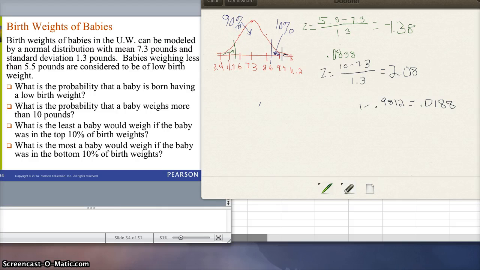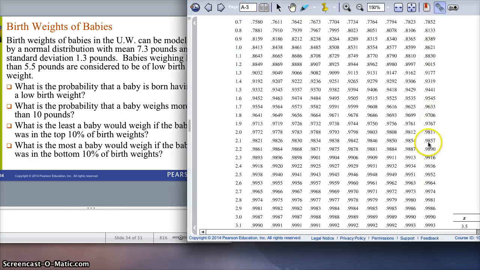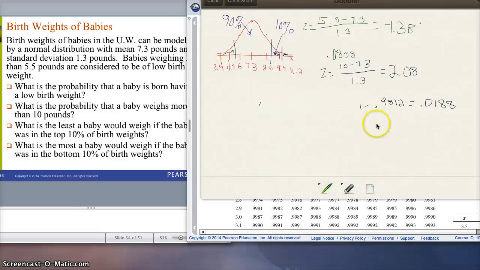So if you go to your table and look up 90%, we already did this one if you remember, and there it was, 1.28. So for this part my z value is 1.28.